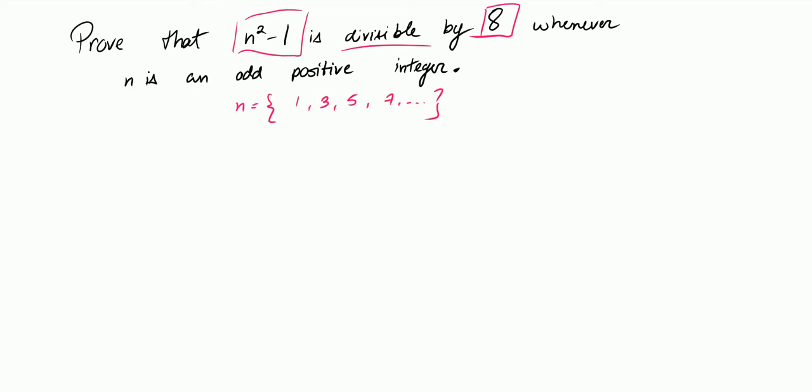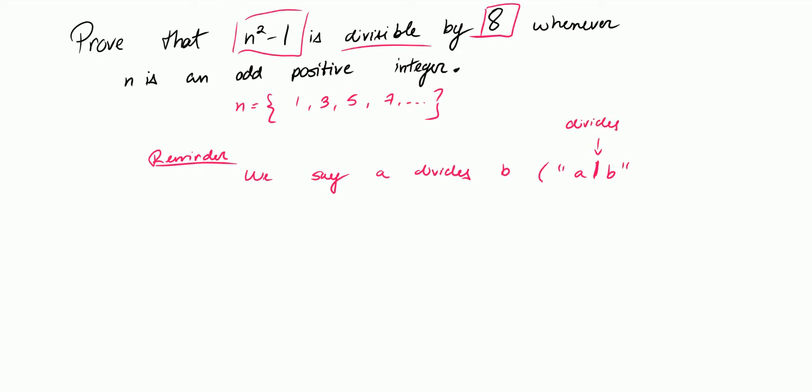Just a reminder, or if you didn't know this yet, then I guess it's a definition. For something to be divisible by something else, I'll write it more formally. We say that A divides B, and the formal expression is A bar B, where this is a vertical bar that just means divides.